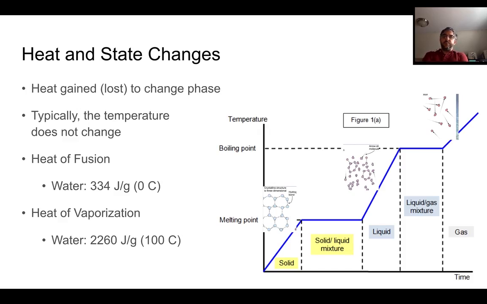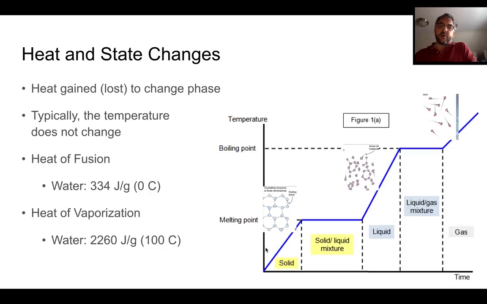Okay, so changing states. Here things get just a little bit different. When you change state, the temperature doesn't change, but you can still add heat. So, for example, in this graph on the right, I have the temperature of, let's say, water versus time. But really, what's on the bottom axis here is heat. So I'm adding heat over time at a regular rate.